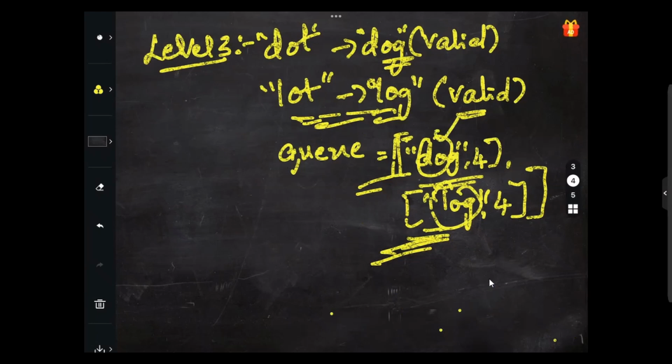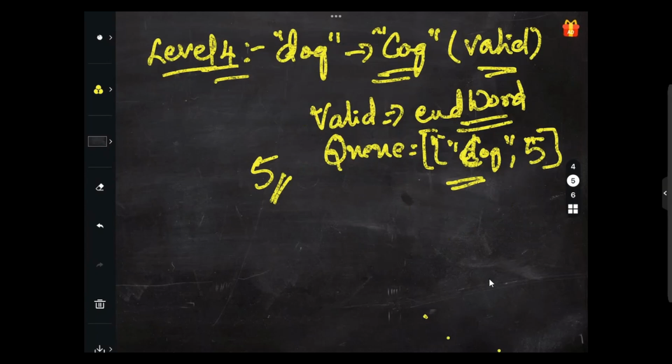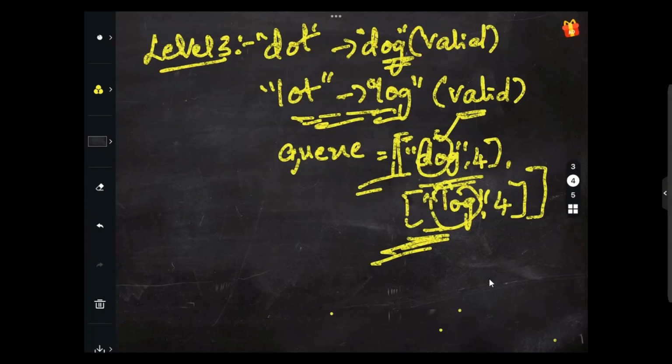We'll consider the first one itself here. Level 2 we have considered already, right? In level 2 we were having this one, dot and lot.